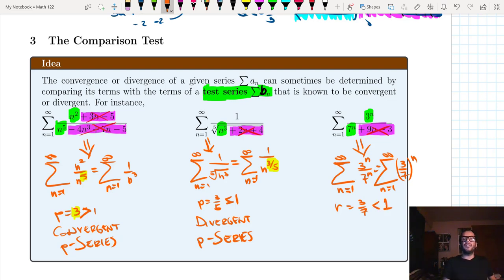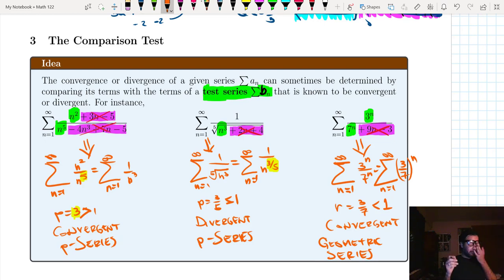And by the criterion of the geometric series, if r, that is the common ratio, is a number less than 1, then we have a convergent, not P series, convergent geometric series.